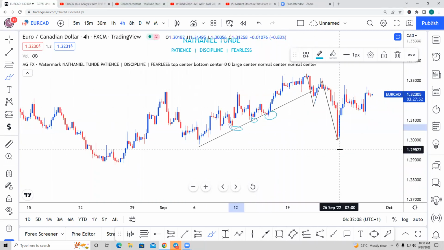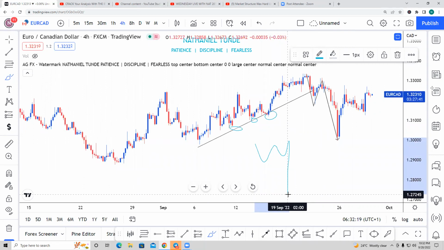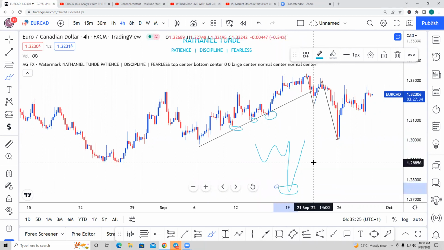It cleared all, and I told you how you recognize a liquidity grab: when a market moves, consolidates, moves straight to the downside, and moves back with speed. Okay, this is a characteristic of a liquidity grab.